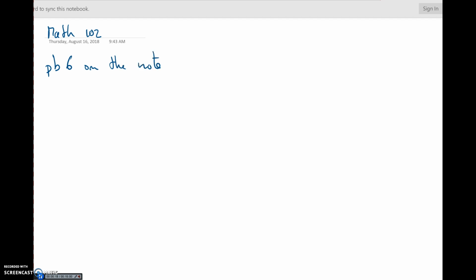Problem number 6 is about finding the equation of a line containing two points: 1/2, negative 2/3, and negative 3/4, 1/6. Okay? So the question is find the equation of a line containing these 2 points.